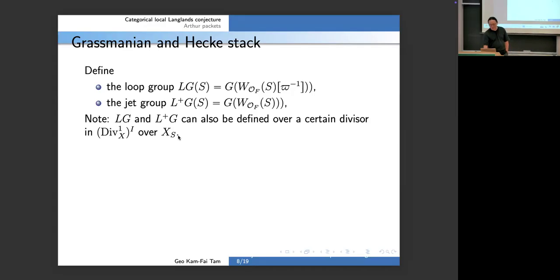Here we have this local situation, yet they come up with this Fargues-Fontaine curve so that some statements in the global case can be mimicked in the local case, and they try to use the techniques from there.